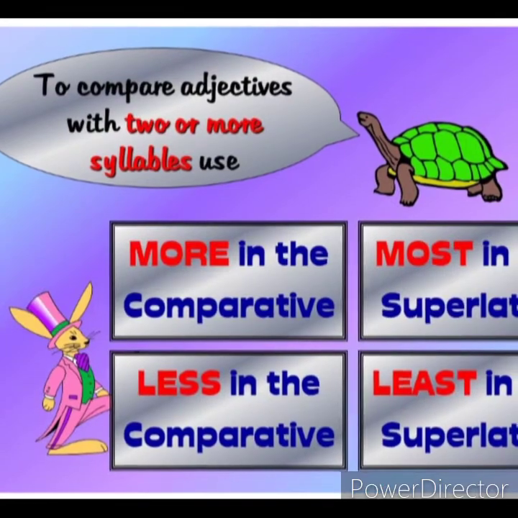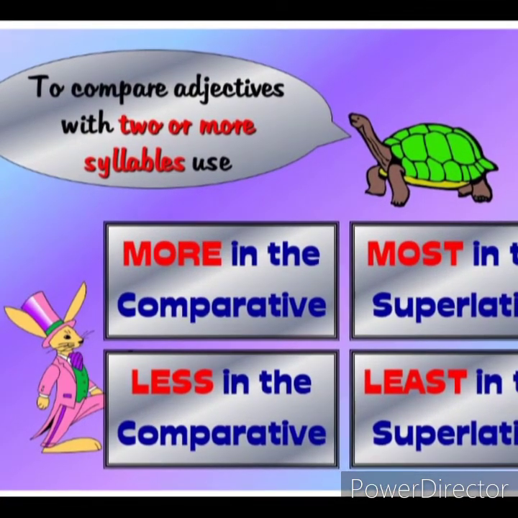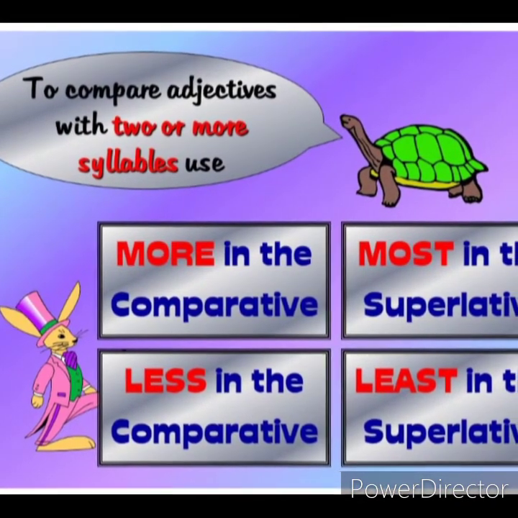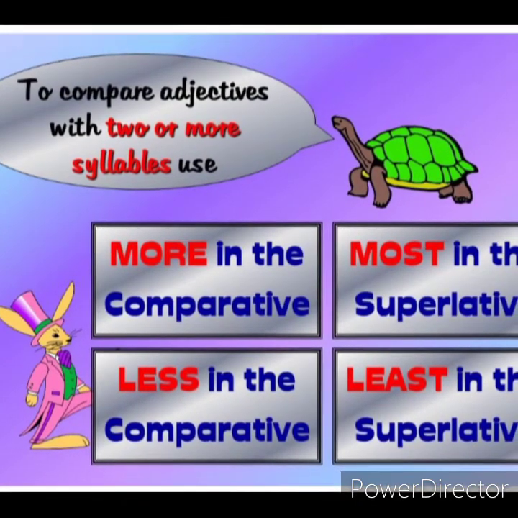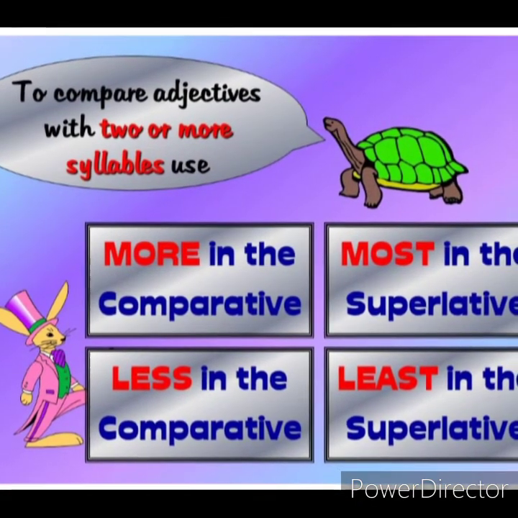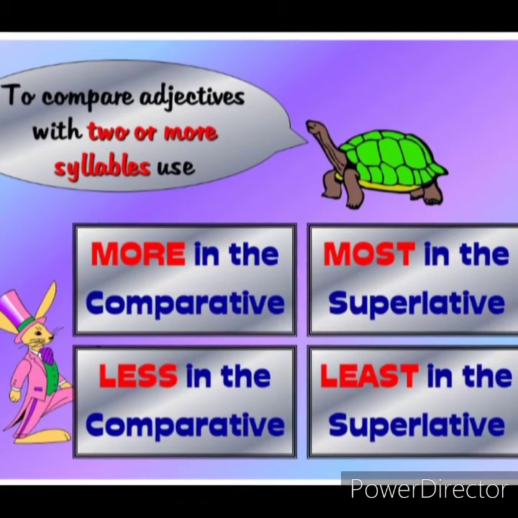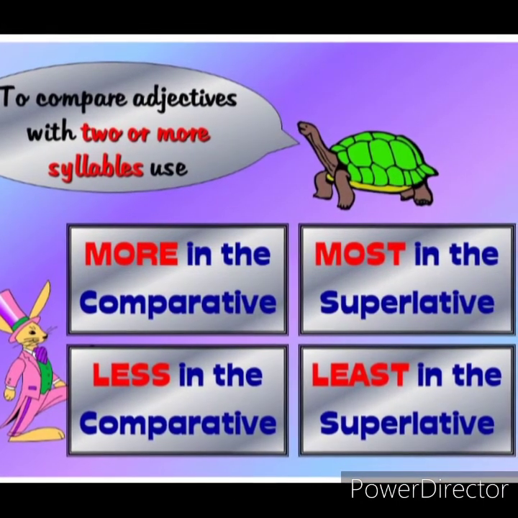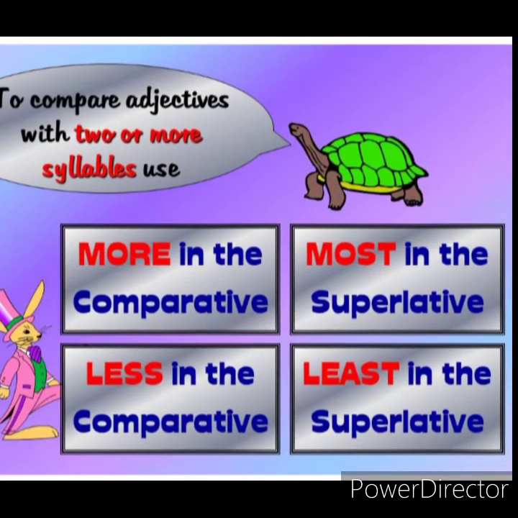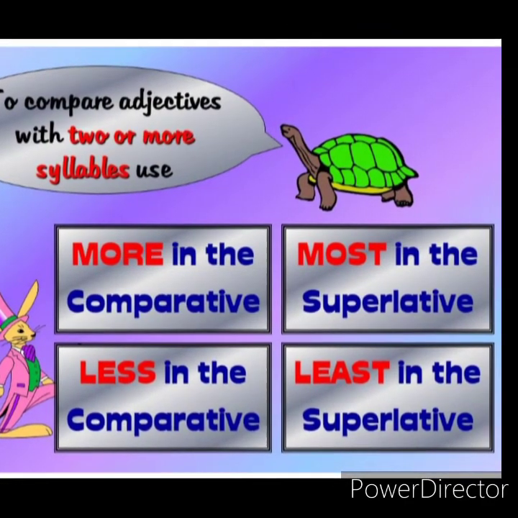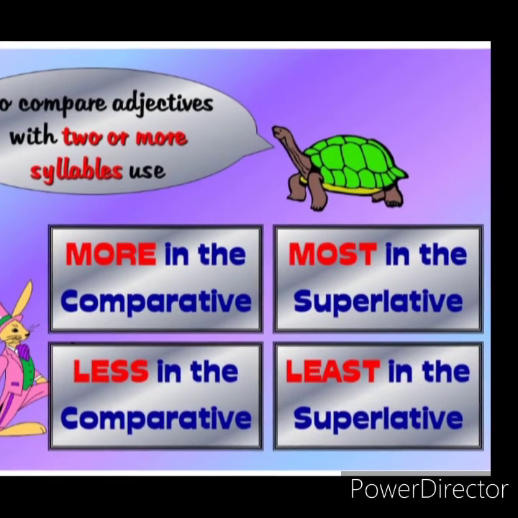In comparative adjectives with two or more syllables, we use more in the comparative and most in the superlative degree, less in the comparative and least in the superlative degree.